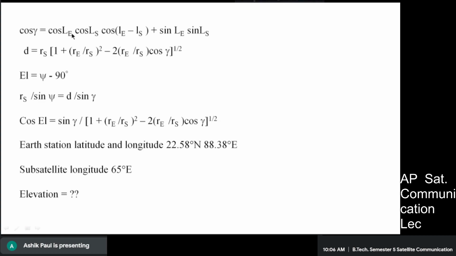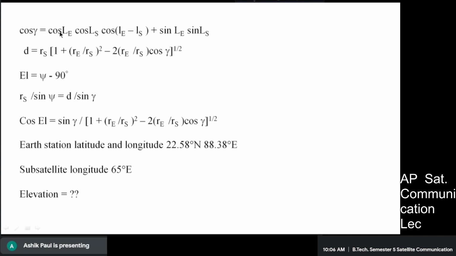We have to remember that over here, all the longitudes which are expressed by capital L correspond to degrees west, and the corresponding latitudes are in degrees north.